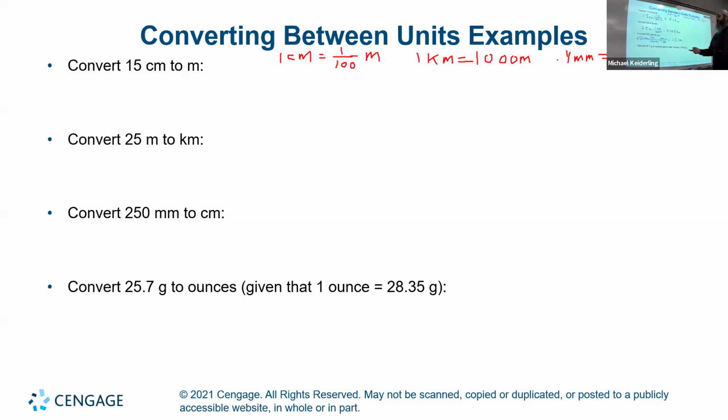And then lastly, we need to convert 25.7 grams to ounces, given that 1 ounce is 28.35 grams. Well, we start with 25.7 grams. We want to get rid of grams, so we're going to put it at the bottom. That's 28.35 grams. And we have 1 ounce on top.